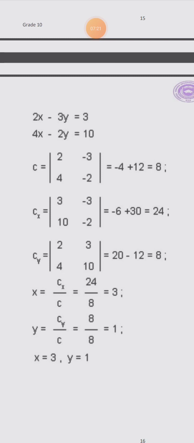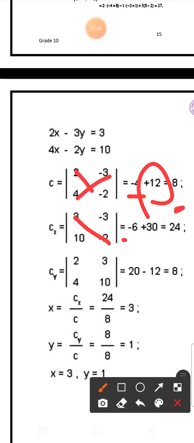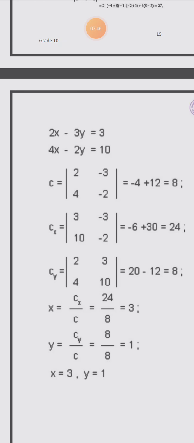Then you will solve each 2 by 2 using cross multiplication. 2 times negative 2 is negative 4, and 4 times negative 3 is negative 12, put the opposite, positive 12. You get 8 here. For dx, 3 times negative 2 is negative 6, and negative 3 times 10 is negative 30, the opposite, positive 30, and you get 24, and so on.